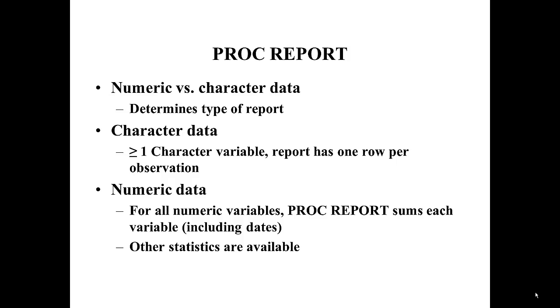If your report is done on all numeric variables, then Proc Report sums each variable, even the dates. And there are other statistics that are available and that can be requested with Proc Report. So when we're dealing with numeric data, Proc Report does not show one row per observation if just the numeric variables are listed.